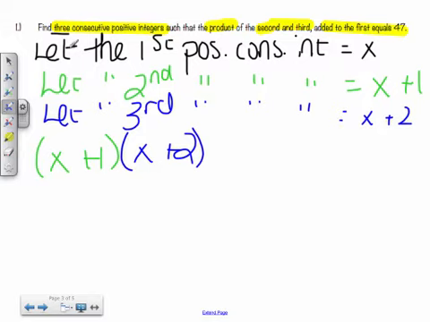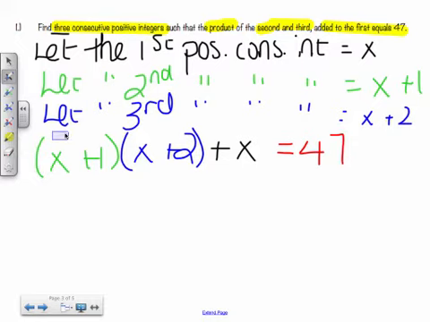Added to the first, so I'm going to add x, because that's the first one, equals 47. Now that I've set it up, all I need to do is go through and solve it. So let's go ahead and solve this problem.